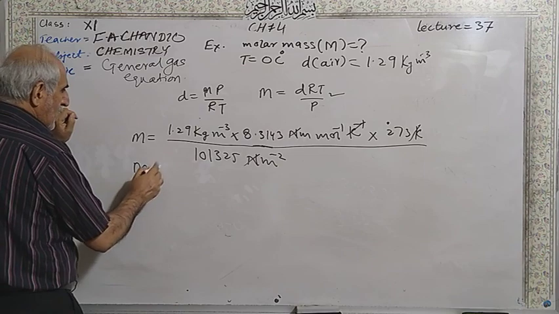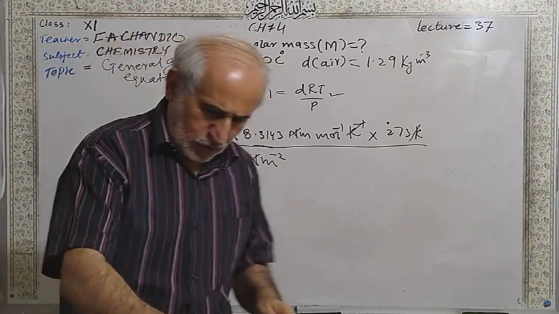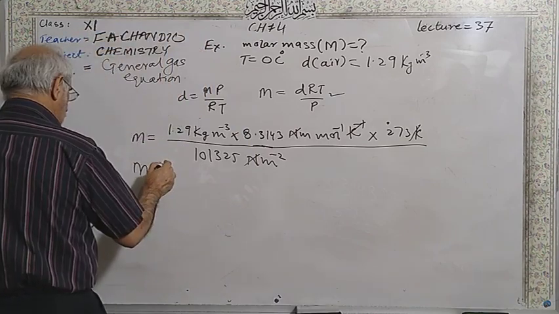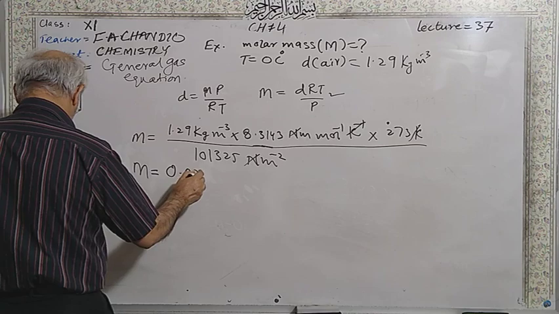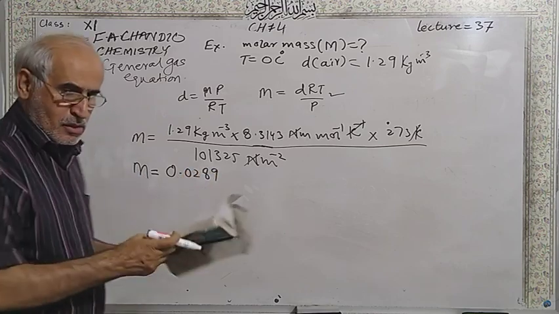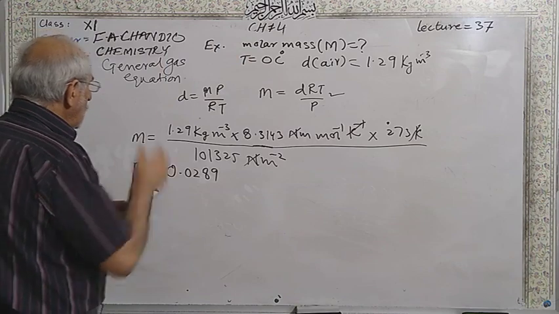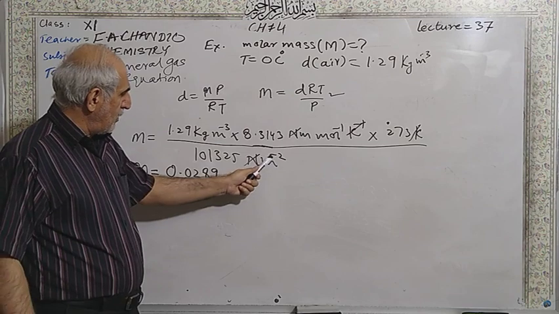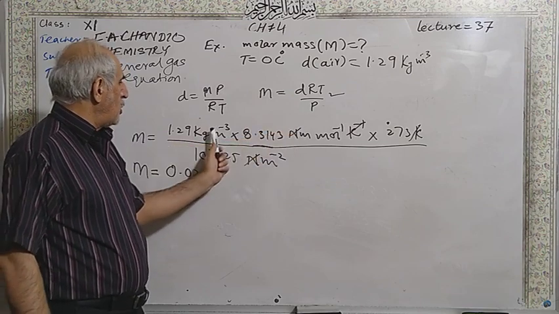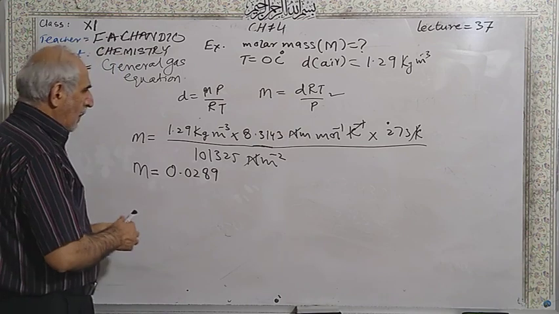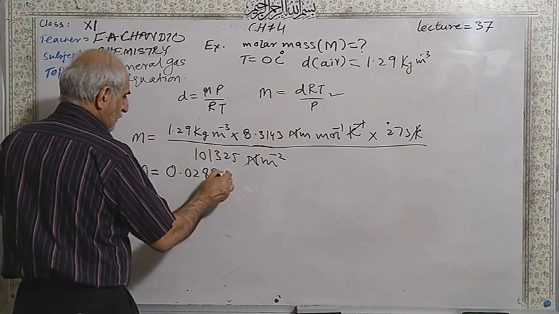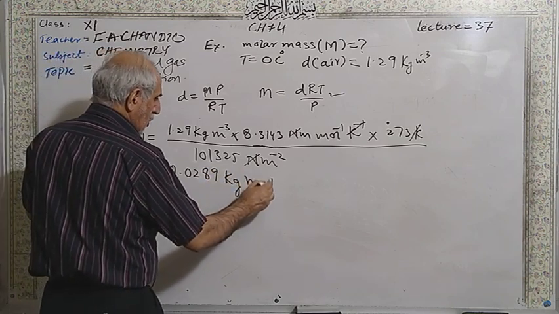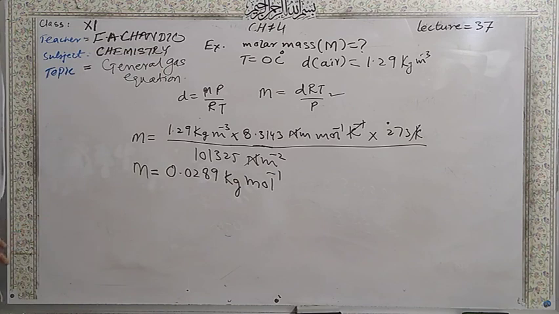So the molar mass of the gas after calculation: the answer is 0.0289. Again I tell you, this is per meter cube, and here only meter, this minus mole.